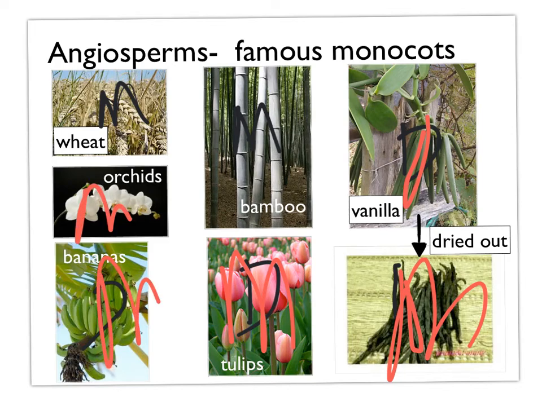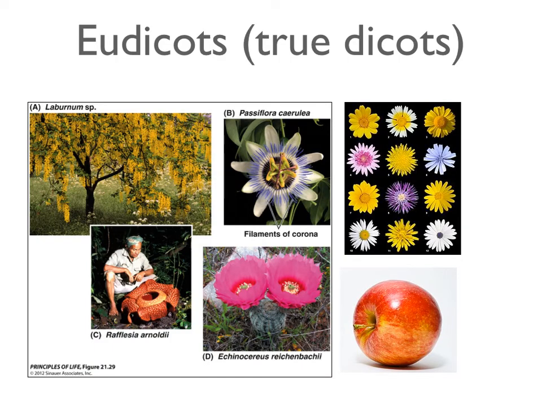What is it called? Hold on a second. Now, dicots, eudicots, these are a lot of the flowers that we're familiar with. They've got that other kind of vein.